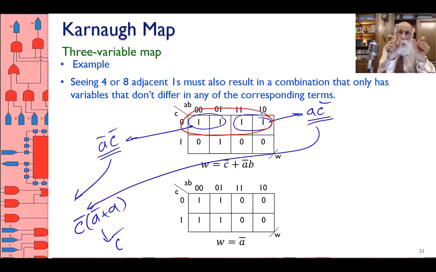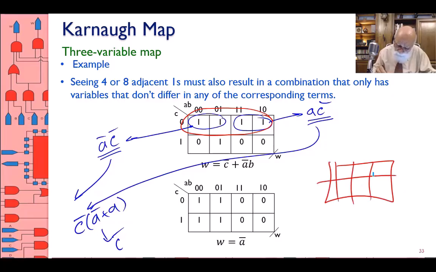considers those two blue implicants. See, the blue implicants are adjacent, because they are horizontally next to each other.